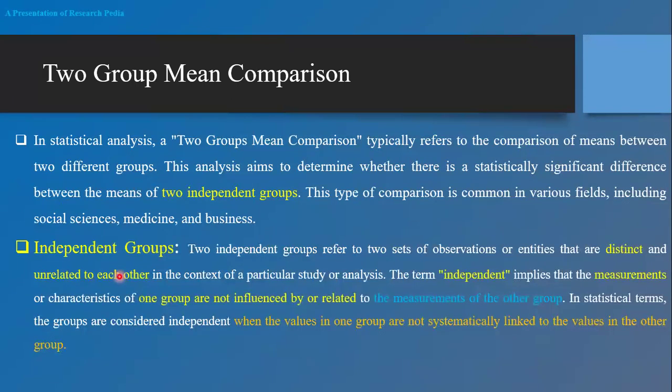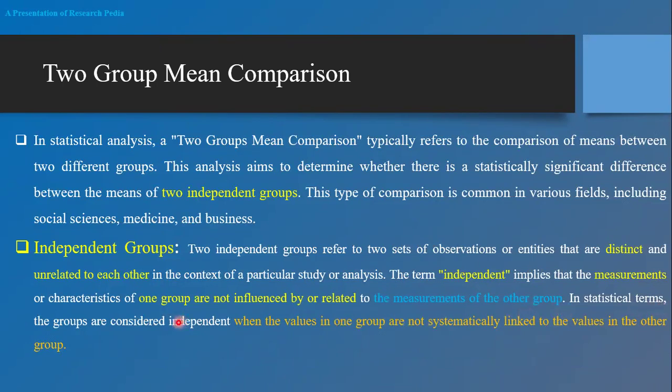So what do we mean by independent groups? Two independent groups refers to two sets of observations or entities that are distinct and unrelated to each other. Always remember they are not related to each other. They are independent from each other. In the context of a particular study or analysis, the term independent implies that the measurement or characteristics of one group are not influenced by or related to the measurement of the other group.